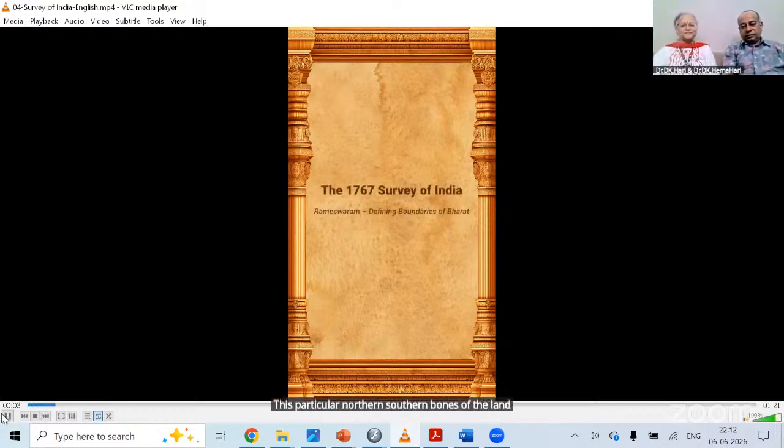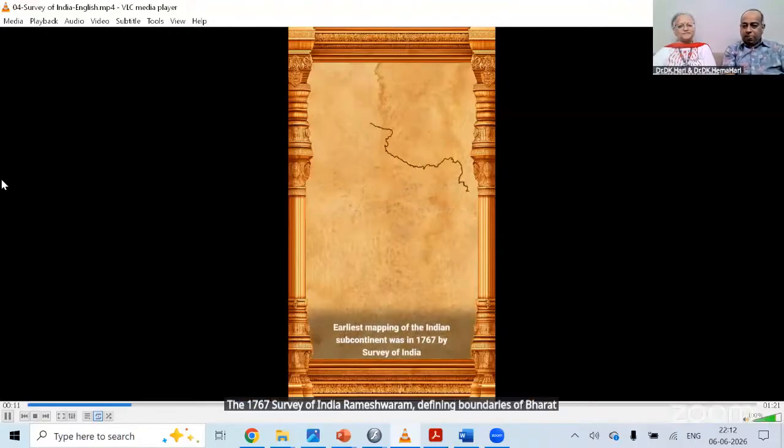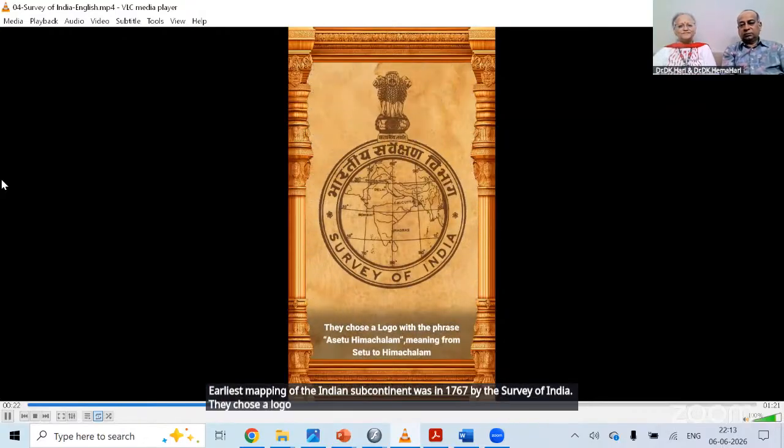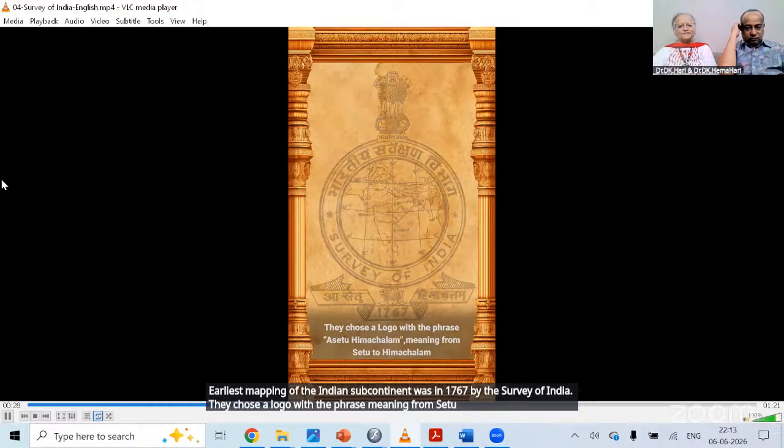The 1767 Survey of India, that is 250 years. Rameshwaram, defining boundaries of Bharat. Earliest mapping of the Indian subcontinent was in 1767 by the Survey of India. They chose a logo with the phrase A Setu Himachalam, meaning from Setu to Himachalam.